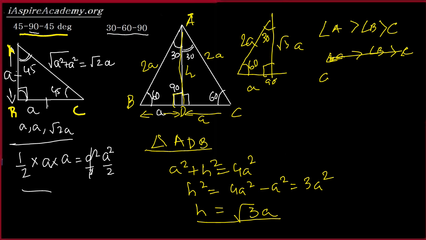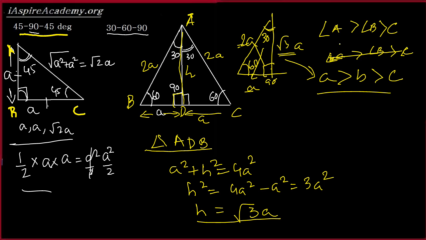So A greater than B greater than C. You can see how this holds true here, because this is 90 degrees, so the opposite side is 2A. 2A is greater than root 3 A, which is opposite the 60 degree angle, and 60 degrees is less than 90 degrees. And root 3 A is more than this side, which is opposite the 30 degree angle, which is even less.